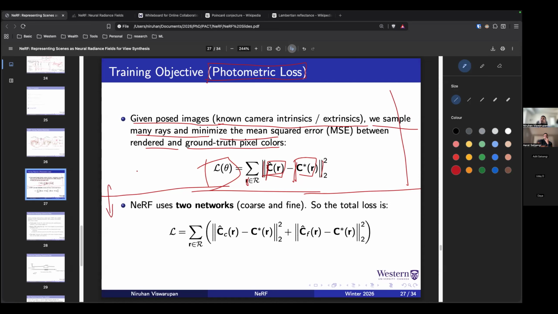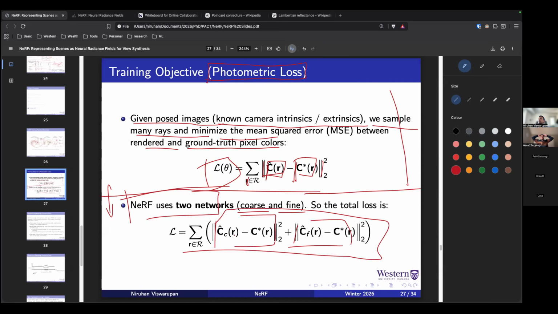If you ask me why they have done it, I have no concrete answer, no physical meaning, but they have chosen to do it because it improves the empirical performance. In the NeRF paper, the authors are using two networks, one coarse and one fine. The total loss would be the loss of the coarse network plus the loss of the fine network, just the addition of the two.